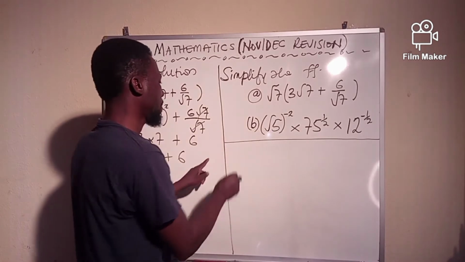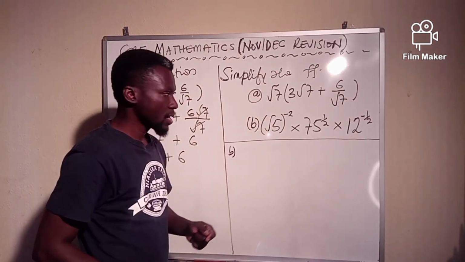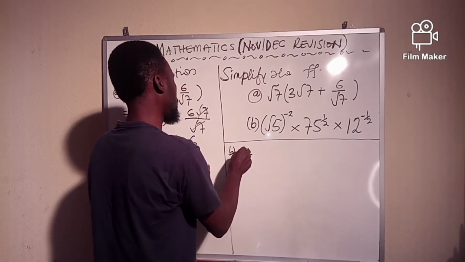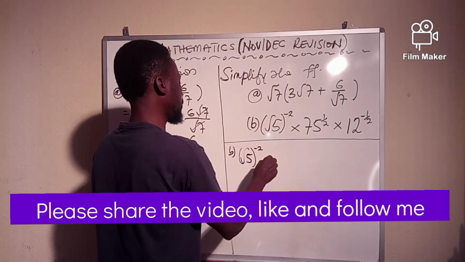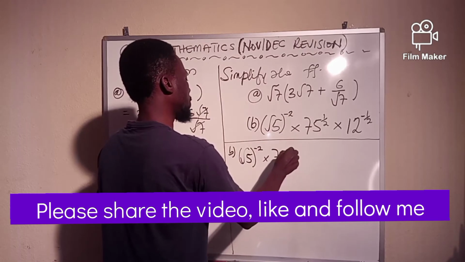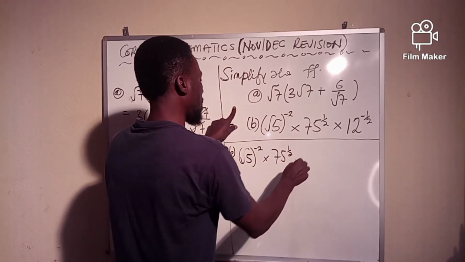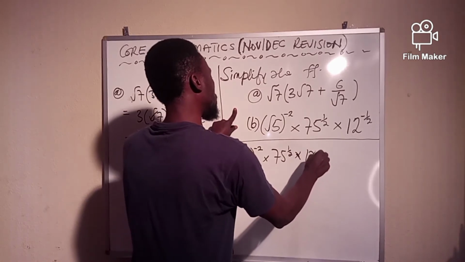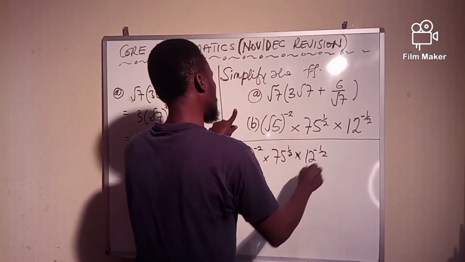We have question B that says that we have the root of 5 raised to the power negative 2 times 75 raised to the power half times 12 raised to the power negative half. This is what we have.